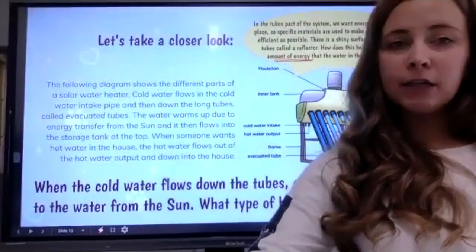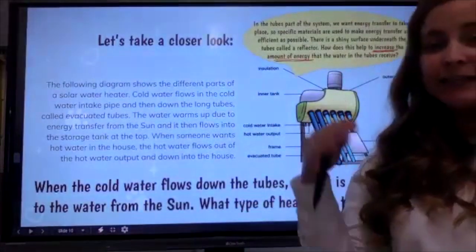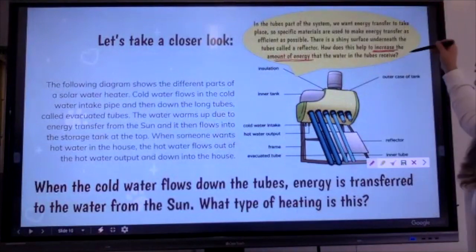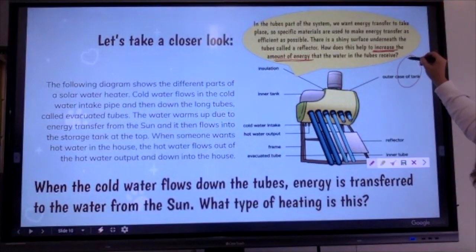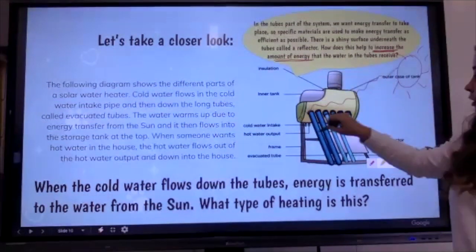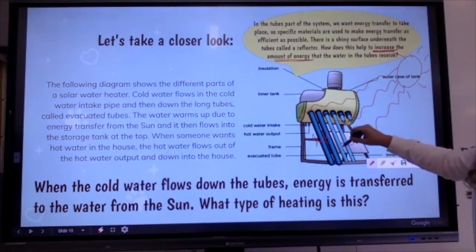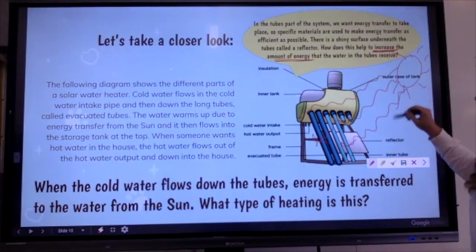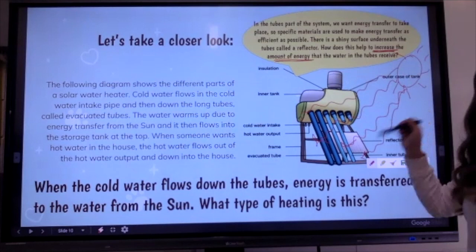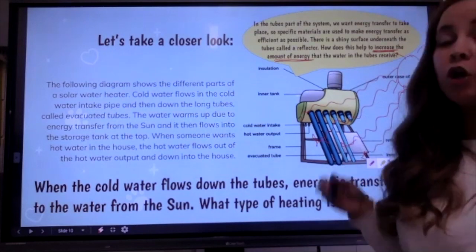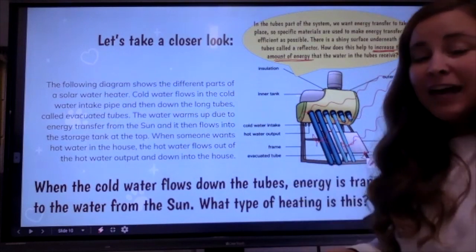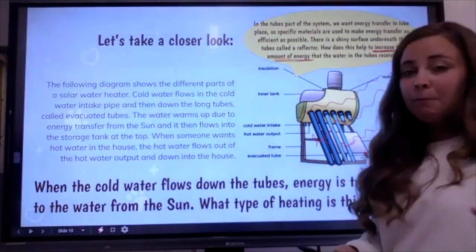So as the sun's rays are shining down on the pipes, sometimes some of the sun's rays are going to miss the pipes because the pipes can't absorb all of the rays at one time, all these electromagnetic waves coming at them. So what the reflector is going to do is reflect the heat back on the pipes.